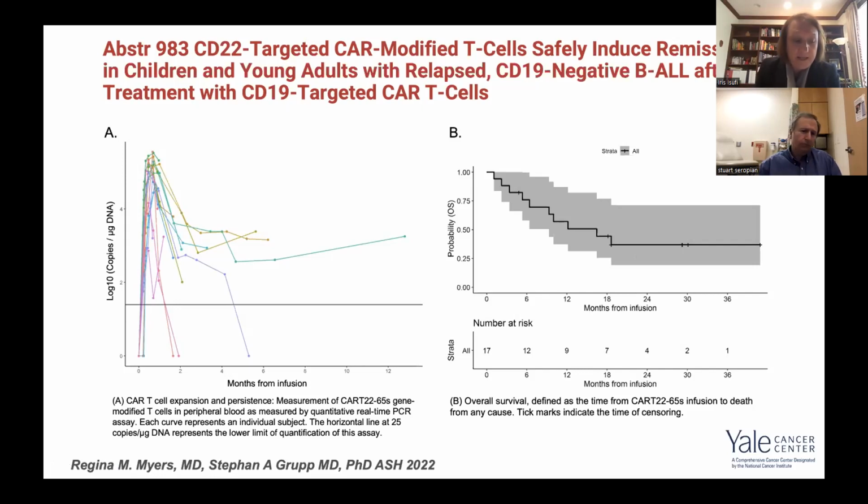The 18-month overall survival, actually they have even longer follow-up for this study, but you can see here that the probability of survival at the 18-month mark is still relatively decent for patients who otherwise, most of them, as you all know, would have very poor outcomes and would succumb to their disease.